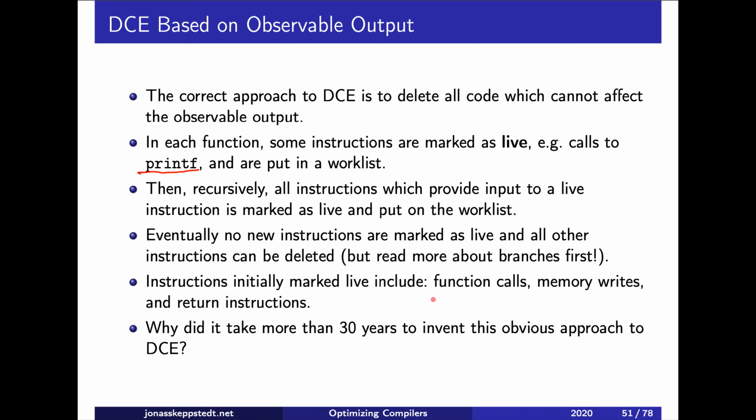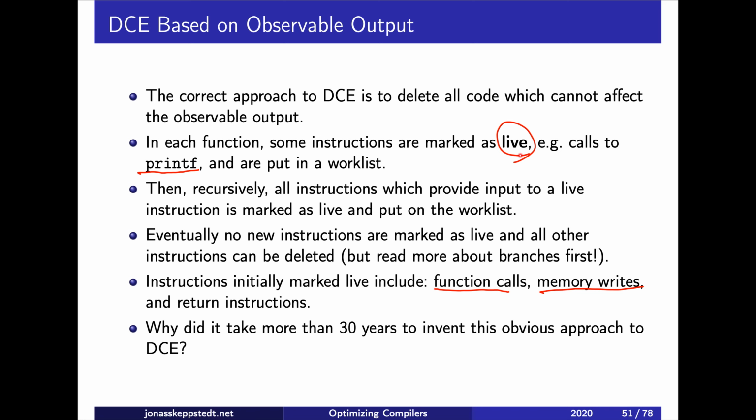Function calls usually are removed as well, but not necessarily all. For instance, if it's a call to a math function that is known to have no side effects and does not call printf, then such calls can be removed as well. But in general, function calls, writes to memory, that means through a pointer or global variable, and return instructions are marked as live.